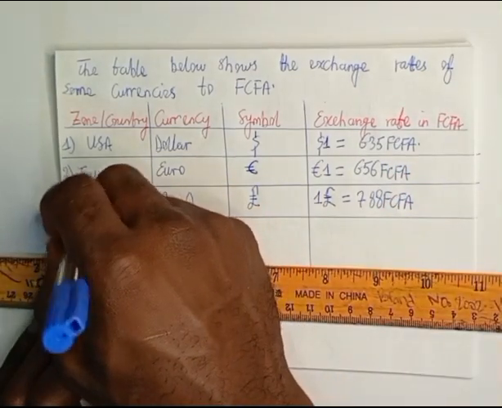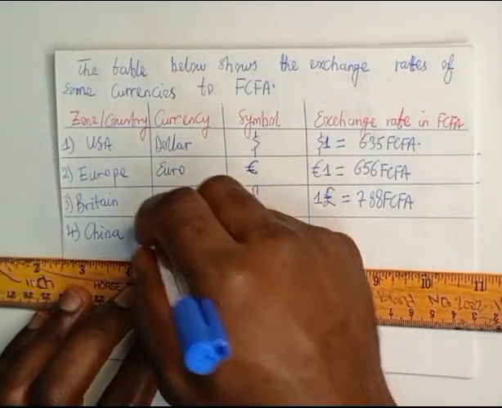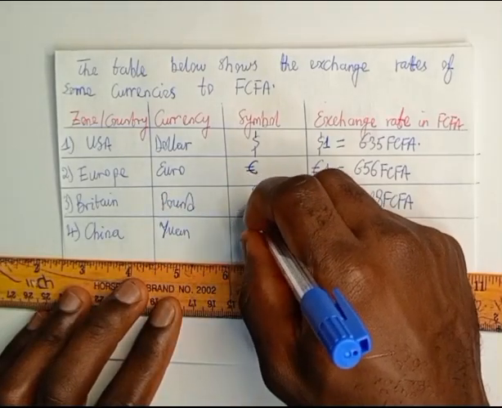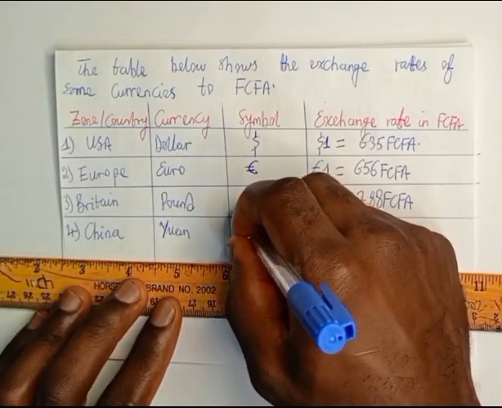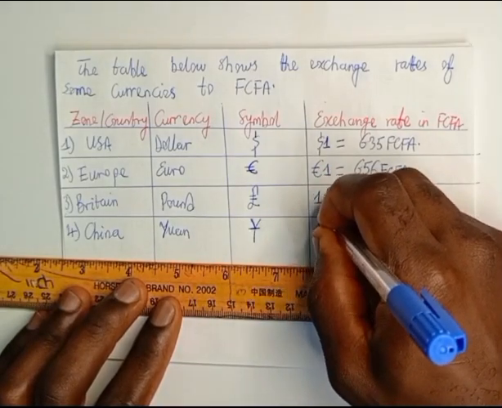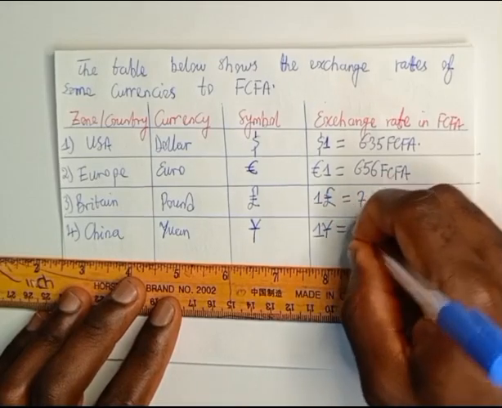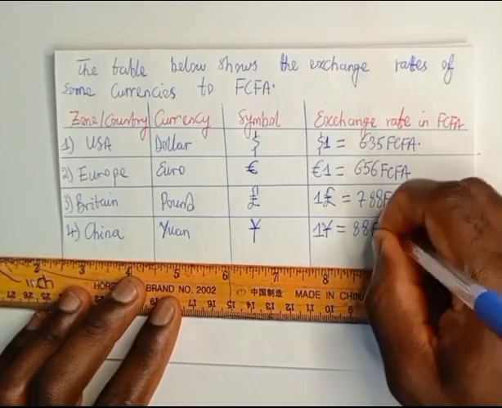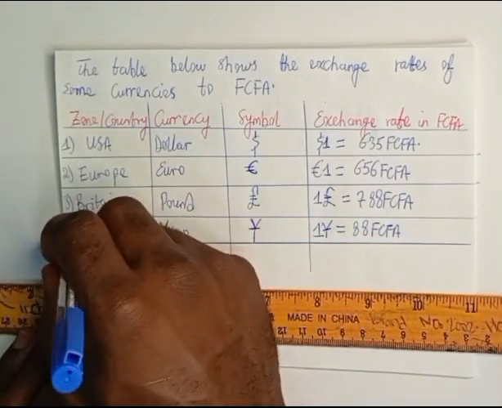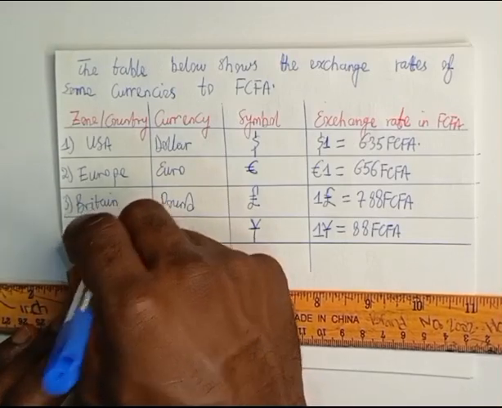We go to 4, take China. They make use of the yuan, and 1 yuan is approximately 88 francs CFA. We go to 5, we take South Africa.